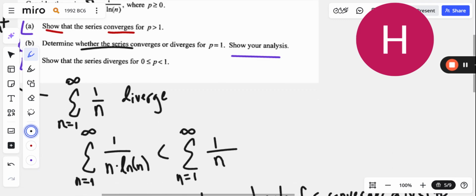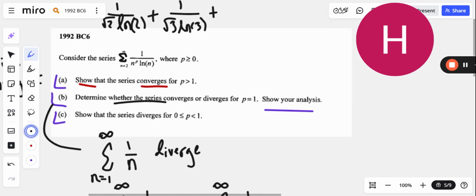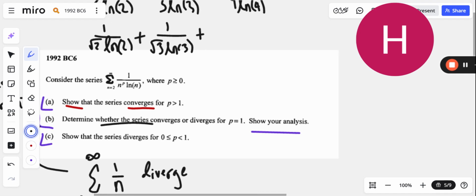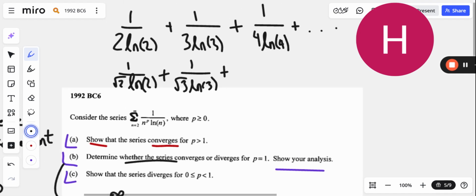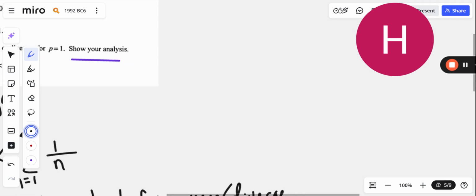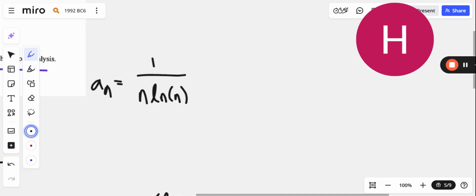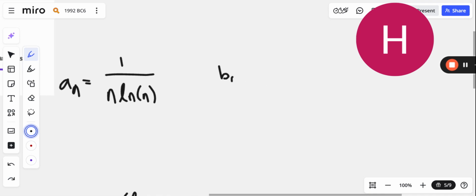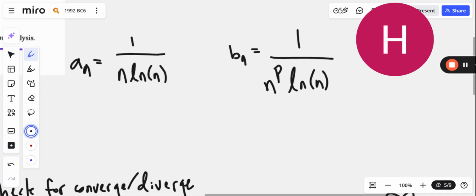And we can directly compare that by comparing, literally, the terms in the sequence. So if we take a_n as 1 over n ln of n, and if we take b_n as 1 over n to the p, let's pretend we don't know what p is equal to for the moment.